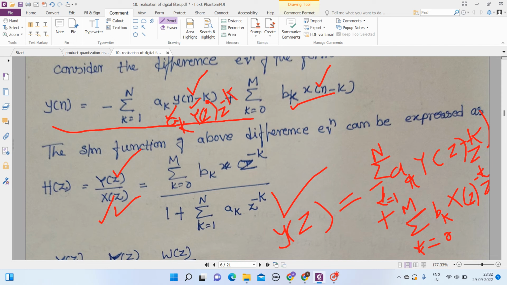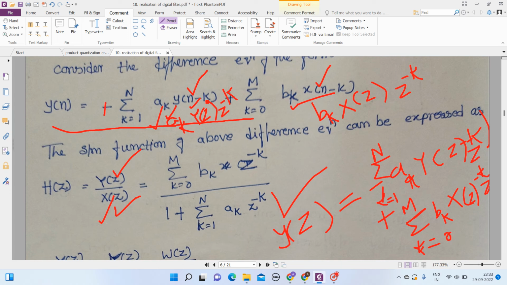Similarly here also b subscript k x of z, z to the power of minus k, right? Just you have to take this first half of the equation to the left hand side, so it becomes plus.